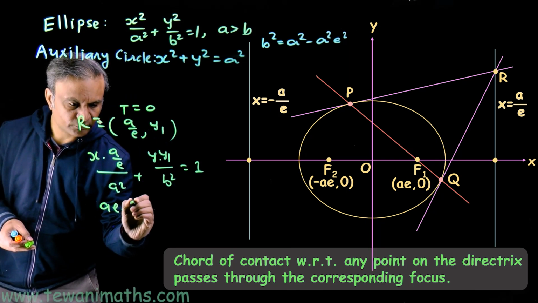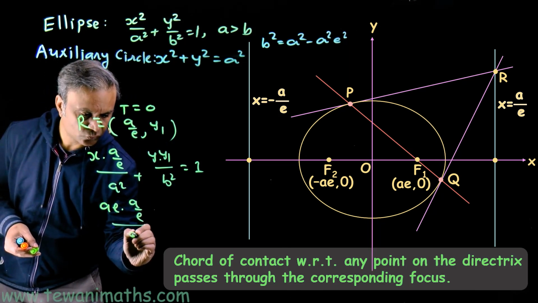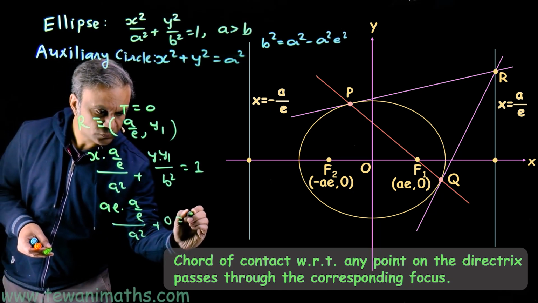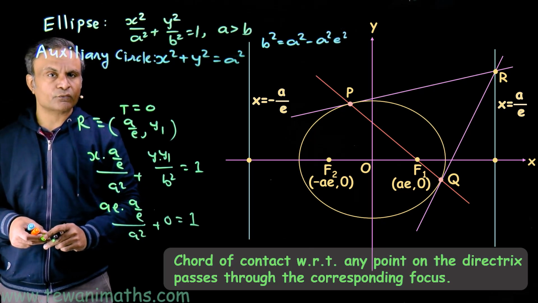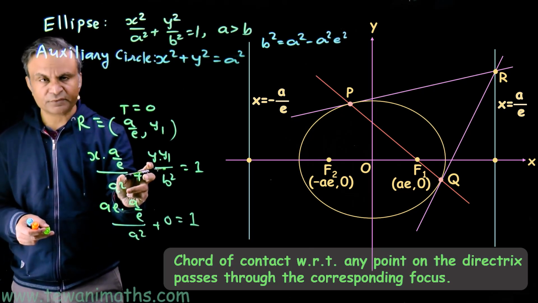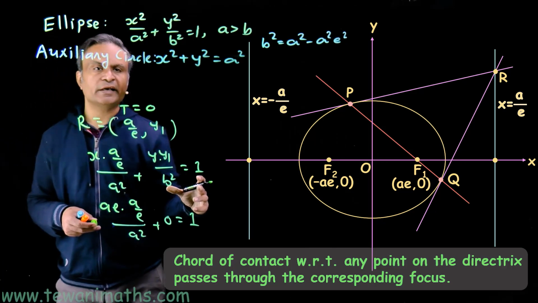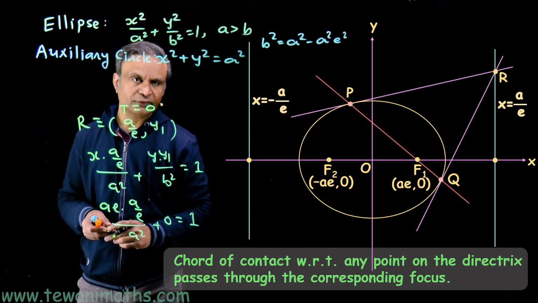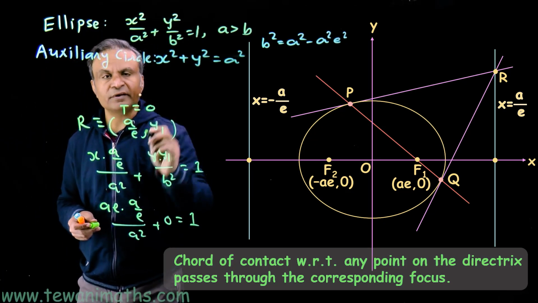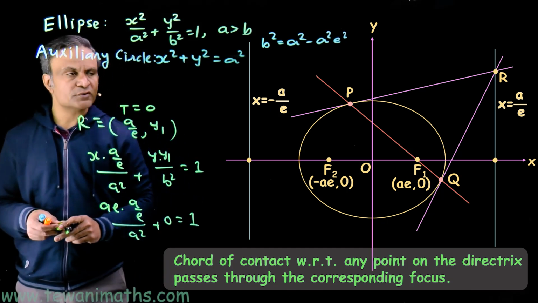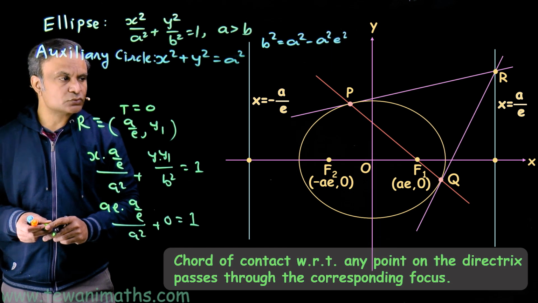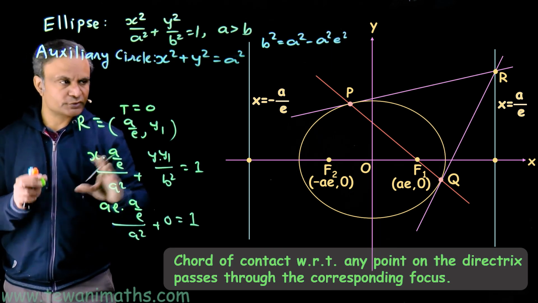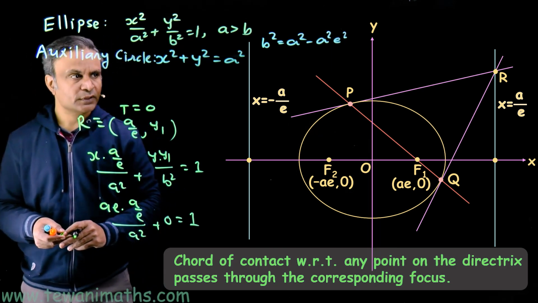We have ae multiplied by a upon e over a square plus 0 is equal to 1, and certainly this value is 1. That means focus F1 satisfies this equation. That means the chord of contact passes through focus F1. ठीक है ना? Here y1 is variable. For all possible values of y1, the chord of contact passes through focus F1. So this property is proved.